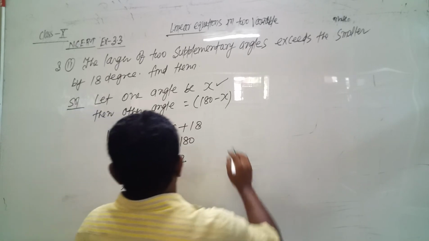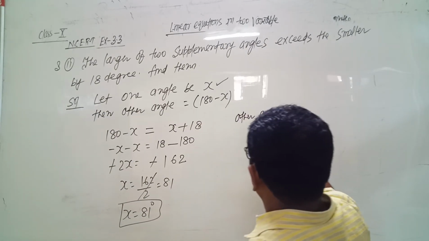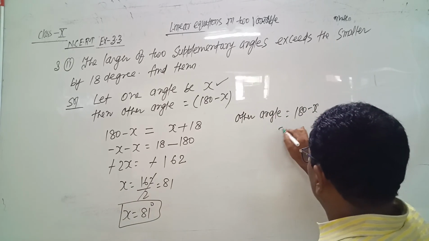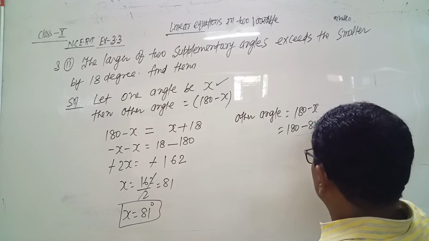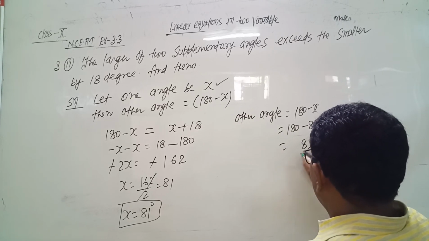And the other angle, we have supposed 180 minus x, so put the value of x, 81, 180 minus 81.